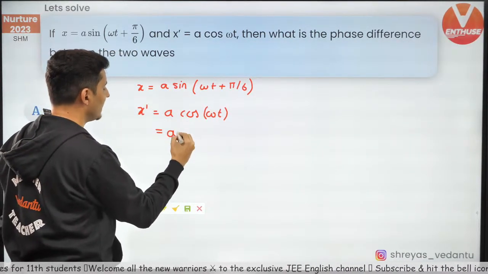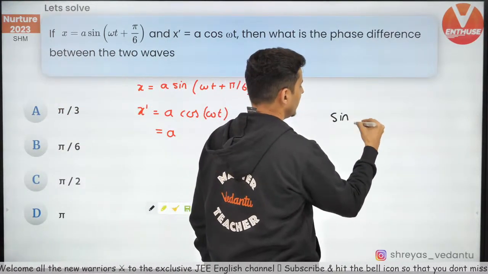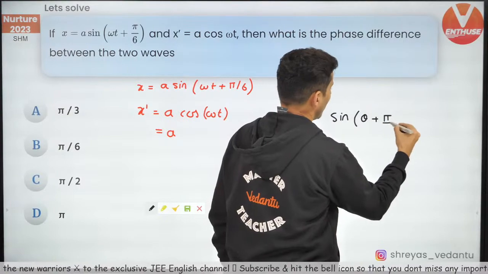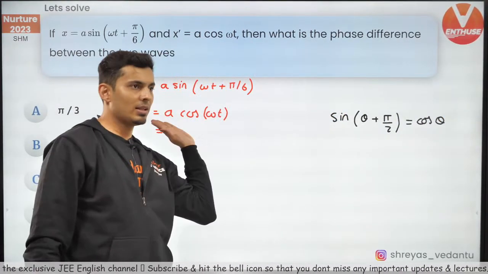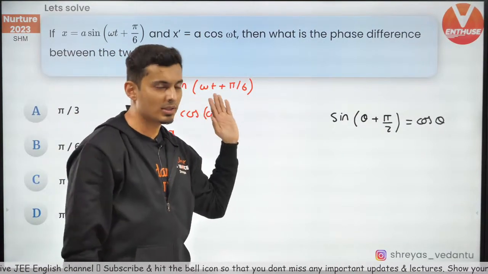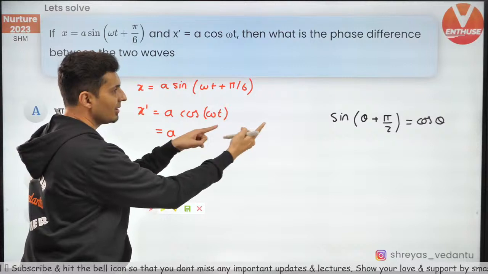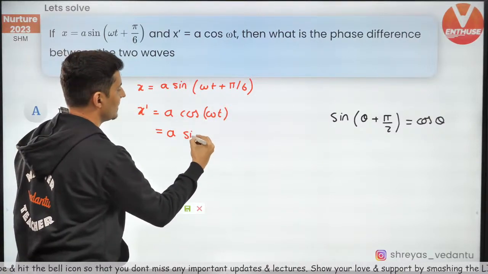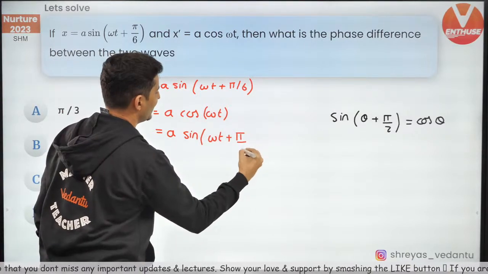So how do you convert that? Remember this formula? Sine of theta plus pi by 2 is actually cos theta. Sine of theta plus pi by 2, second quadrant sine is positive, so it converts into cos. So if I use that, just use the reverse. So this will be nothing but sine of omega t plus pi by 2.